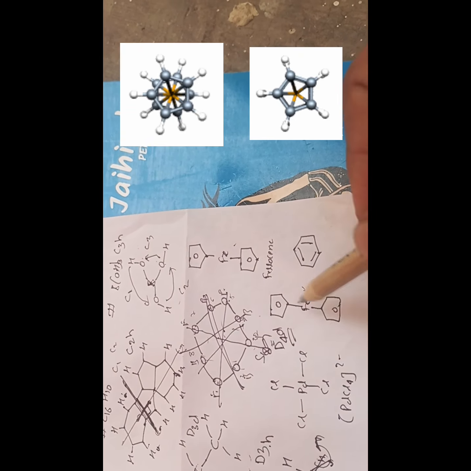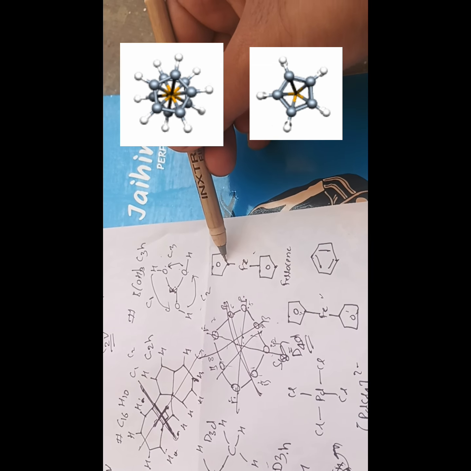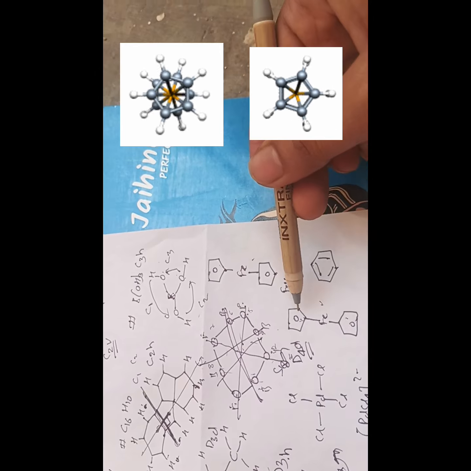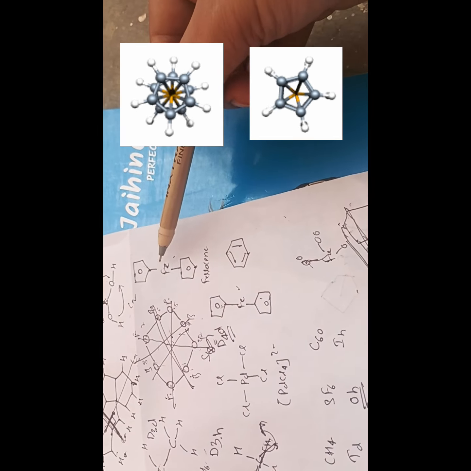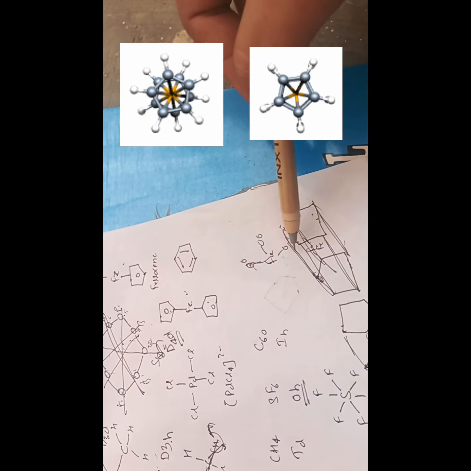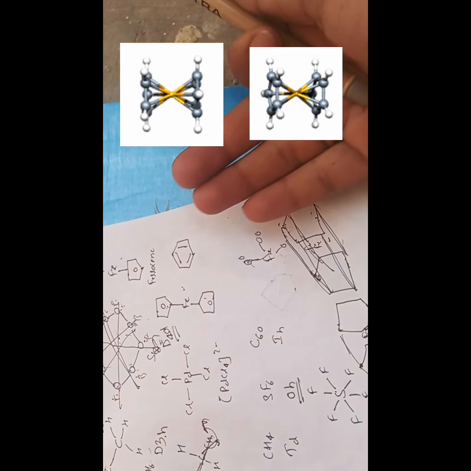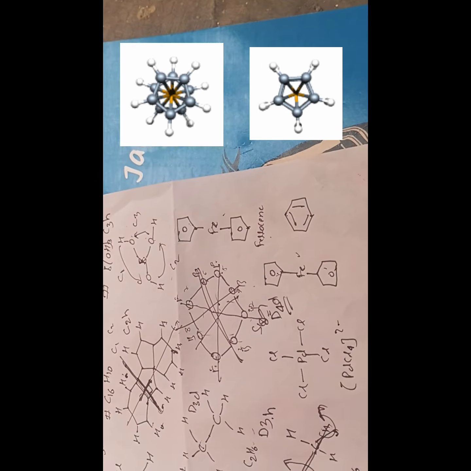Here both are opposite, and here the points are towards only one side, but here they are on the opposite side. Here F is there, pointing to the similar side. Due to pointing to the similar side, no horizontal plane is present. Understand this? Since there is a cutting like this, this will be D5d and this will be D5h.